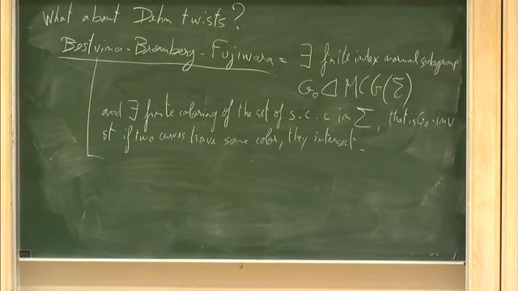So what do they use that for? They use that to construct quasi-trees on which the G0 acts.